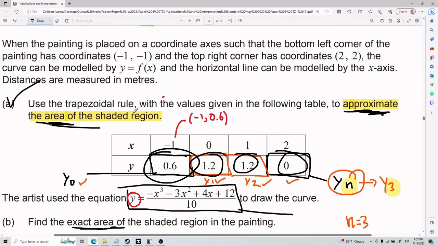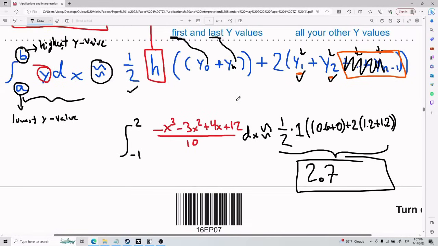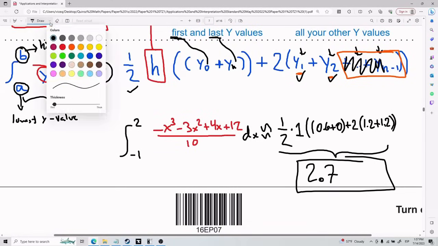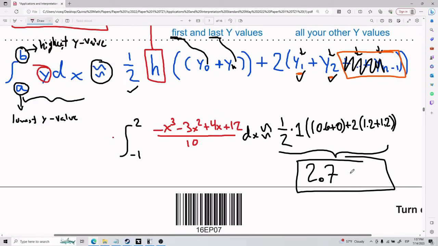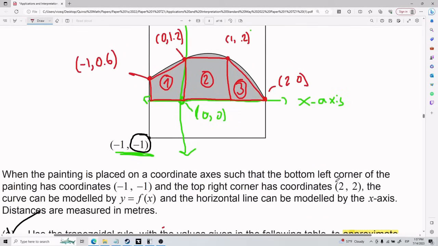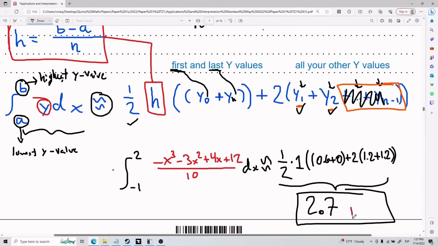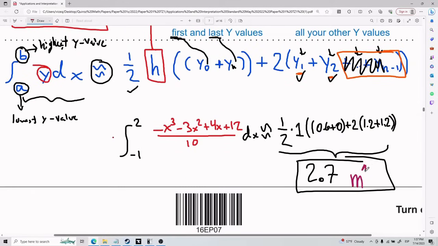Now, before I move on to part B, I just made a mistake. What is my mistake here? The answer is 2.7, but I'm halfway there. Aha, I need the units. What were the units in this case? Let's figure it out. They were measured in meters. Okay, so this is meters. Meters what? To the power of 1, squared, cubed?